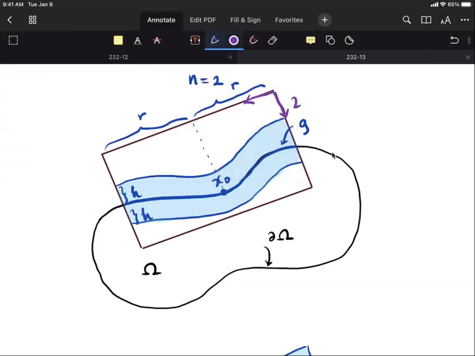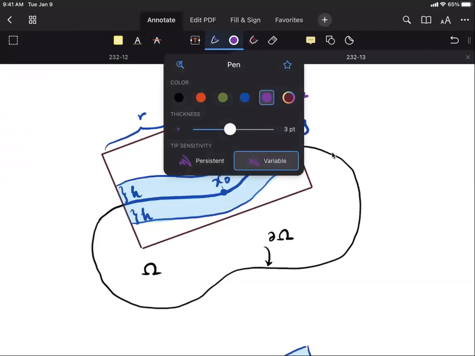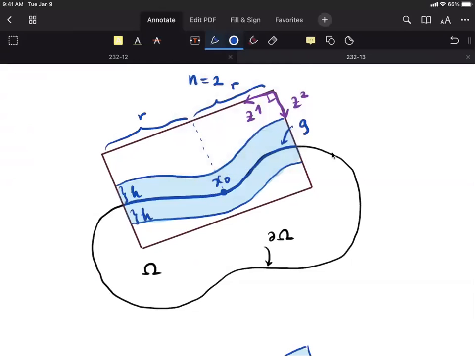Let's say this is z2, and this is z1. And these should be orthogonal vectors. And your reference point would be this point here. So this is y naught.